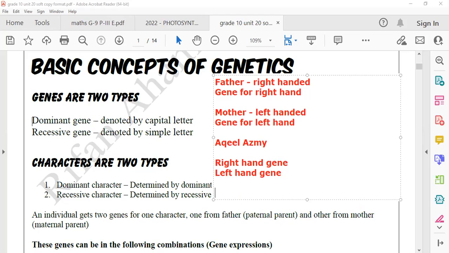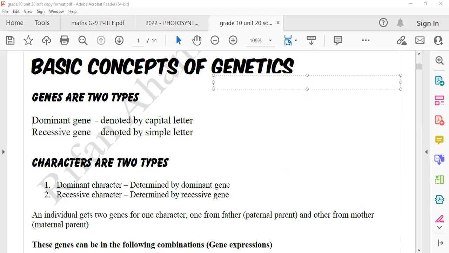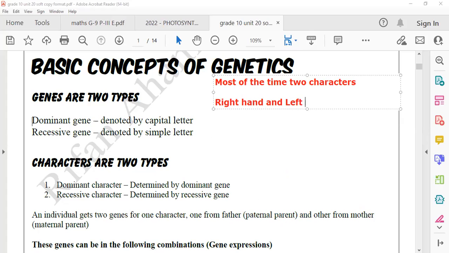Yes, sir. Are you clear? So, for most of the characters, for most of the time, how many characters will be there? 2 characters will be there. Now I told you right hand and what is it? Left hand. In this one, which is the dominant character? Right-handedness. Remember, that is not only applicable for Akil, or me.